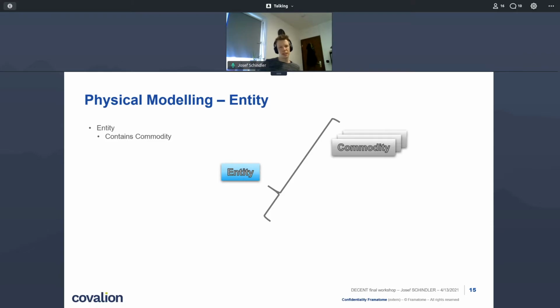The entity, as I said, is the physical model, and therefore it may contain several commodities like electricity, heat, but also, for example, hydrogen is a possible commodity.